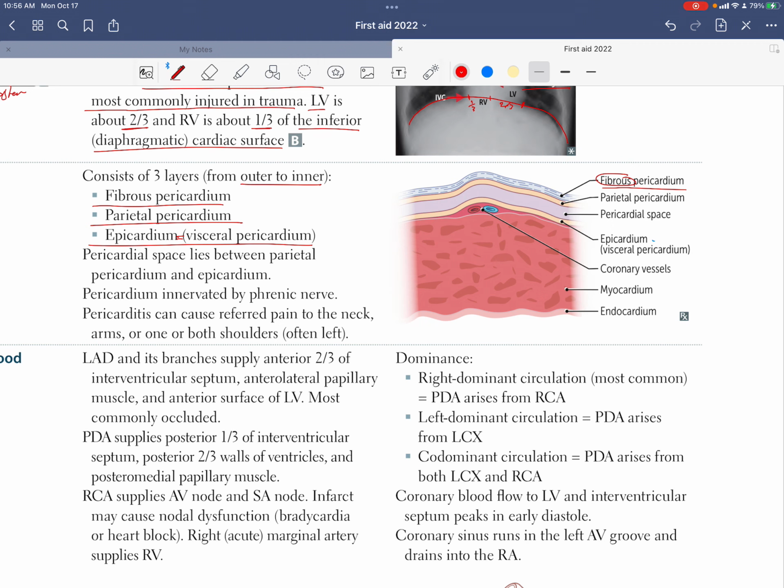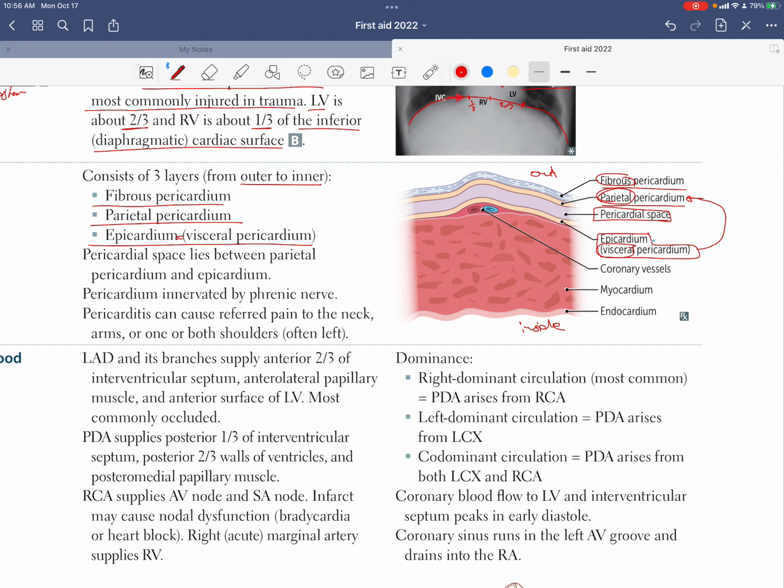So basically, what we have is the fibrous pericardium. It should be fibrous because it needs to be strong and protect the heart. This is the outside, and to the inside there is the parietal pericardium, and then comes the pericardial space. After it is the epicardium.